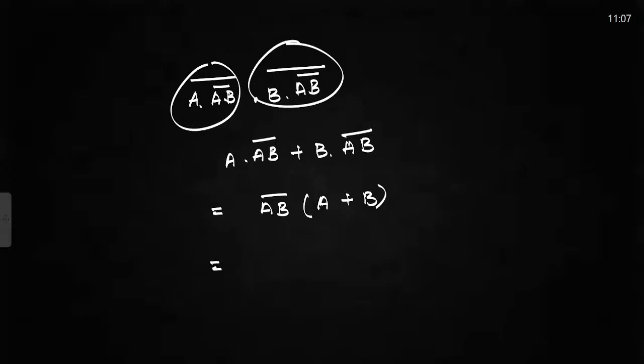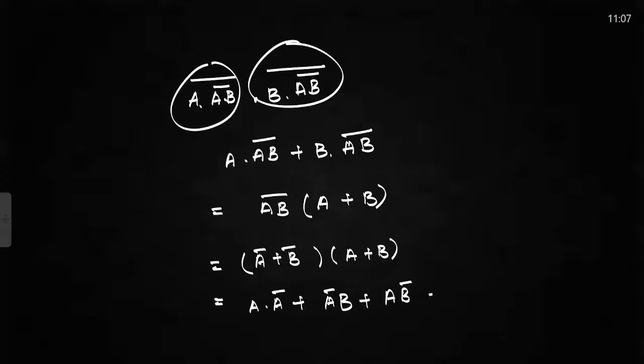So when you try to write this one, you can split this one, A bar plus B bar, and you will get A plus B. Then when you try to split this one, you will get A into A bar plus A bar B plus AB bar plus B bar.